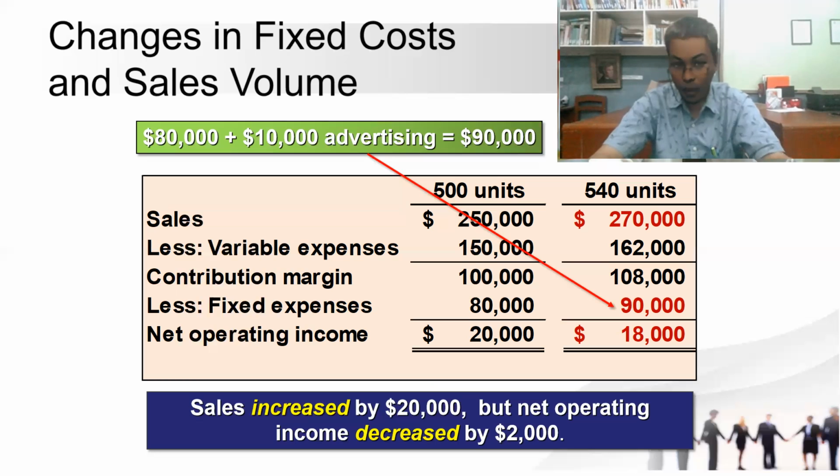Sales increased by 20,000, but net operating income decreased by 2,000, because our income was already 20,000, and after increasing sales, the net income dipped from 20,000 to 18,000, a decrease of 2,000. Therefore, it is not a good decision to use advertising at this point.